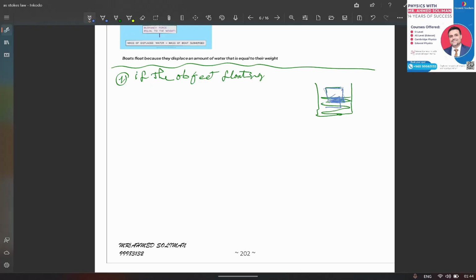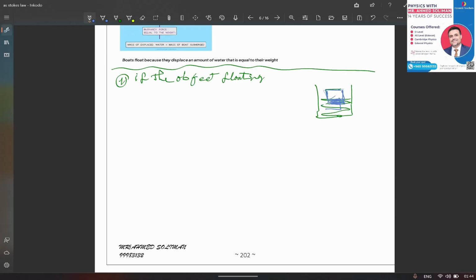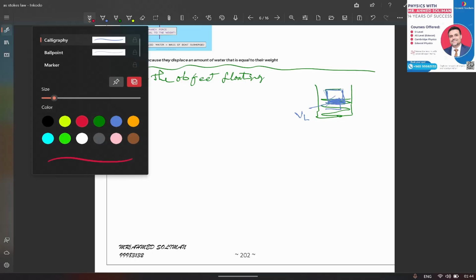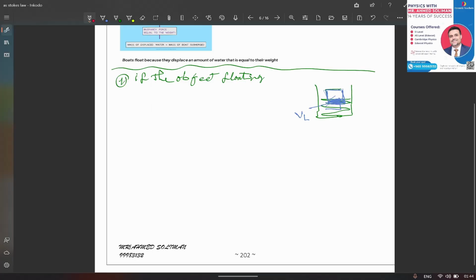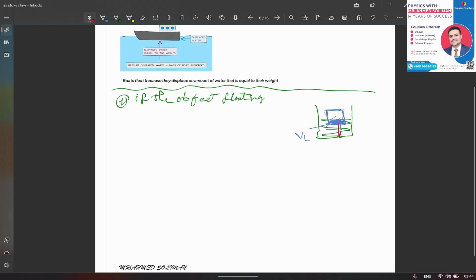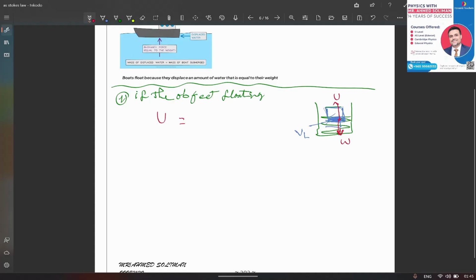So now the object is floating. Okay, so now this is the V_L. As I said, because the object is floating, if you want to draw the force diagram, you need to draw weight downward and upthrust force, and weight will equal upthrust. So now weight equals upthrust.